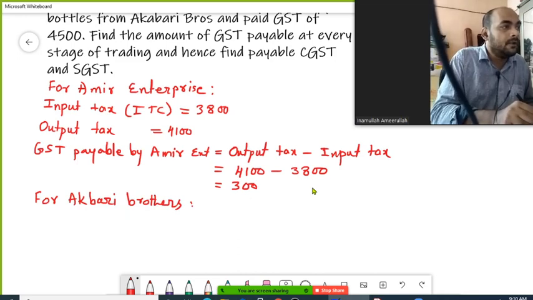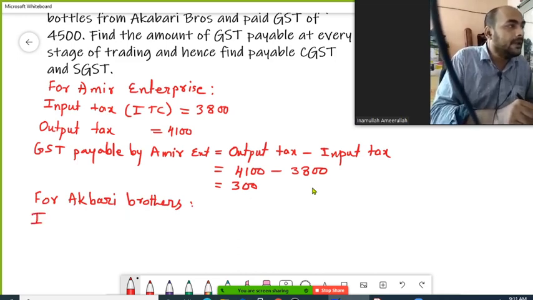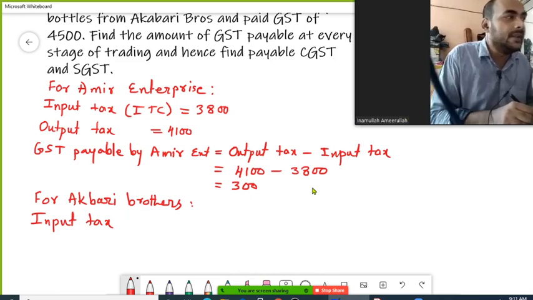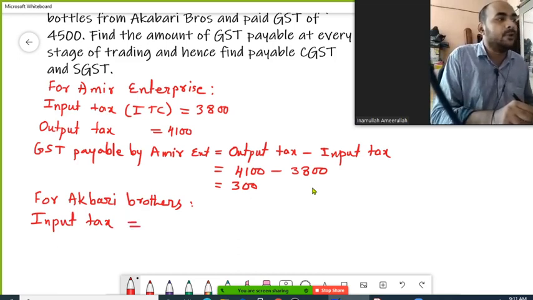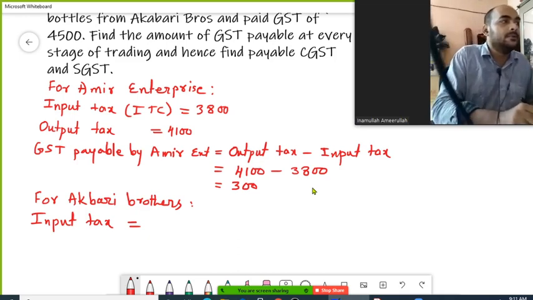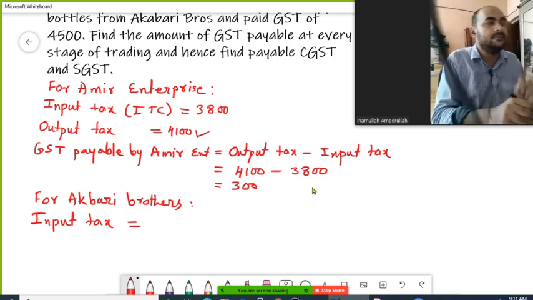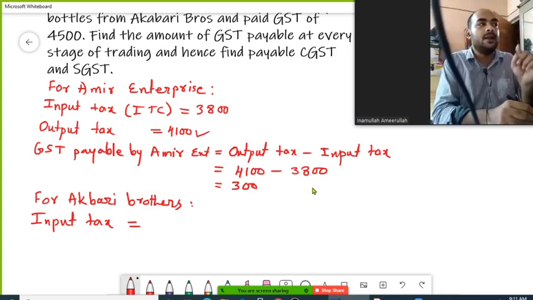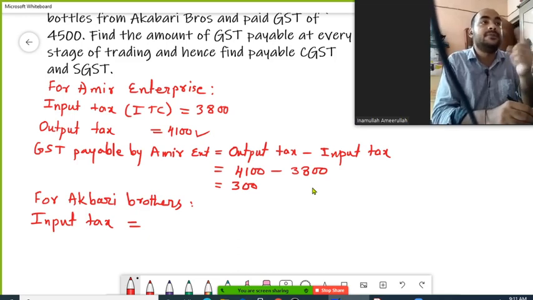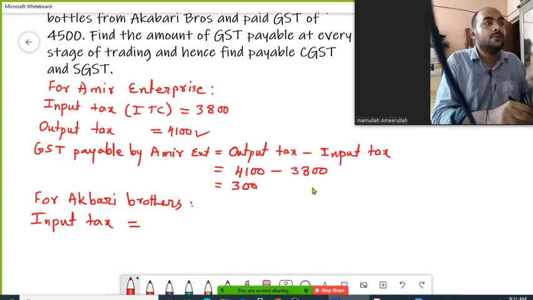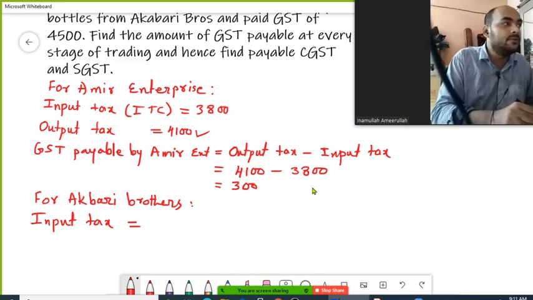For Akbari Brothers, again, input tax means tax paid by Akbari Brothers. Akbari Brothers purchased these bottles from Amir Enterprise, whose output tax is 4,100. This 4,100 is received by Amir Enterprise at the time of sale, so it is actually paid by Akbari Brothers. So this 4,100 will become input tax for Akbari Brothers.